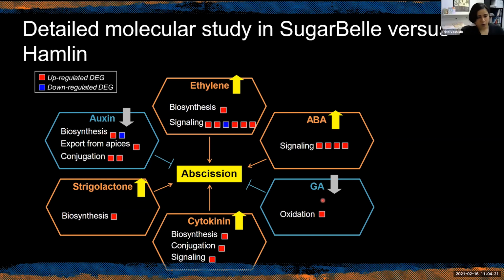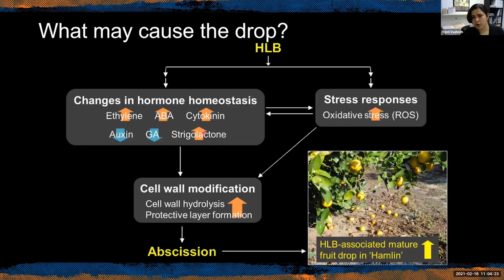So what it all together means, and we also found some oxidative stress, but altogether what this study showed us is that changes in hormone homeostasis are happening. We see a lot of increase in the positive regulators of abscission. We also see a lot of increase in the oxidative stress, and we did see lots of hormone genes related to oxidative stress.